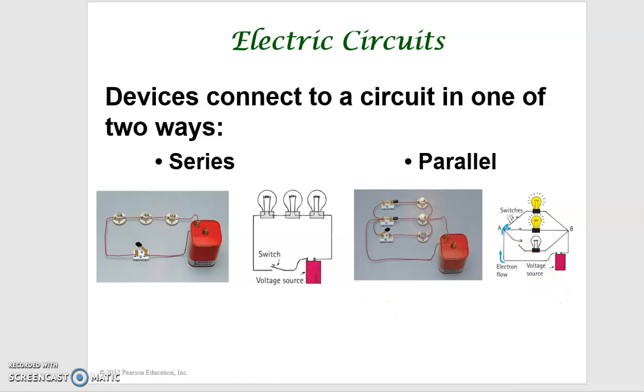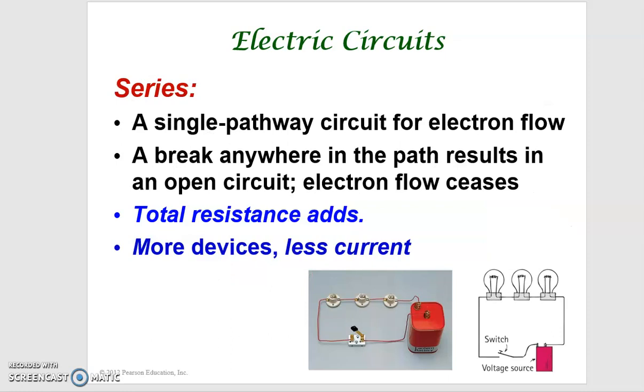Now let's study each circuit more carefully. The first is the series circuit. It is a single-path circuit for the electron flow, which means there is no alternative path or wire for the electrons to move within the circuit. This is the only path.